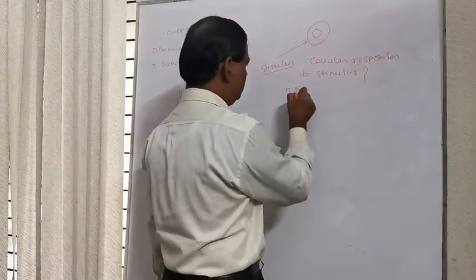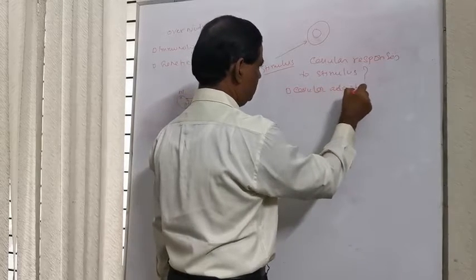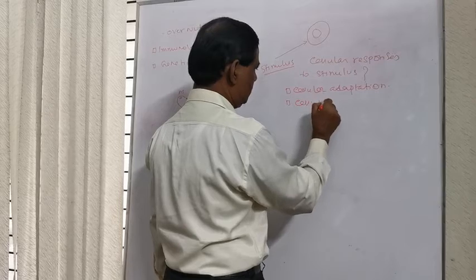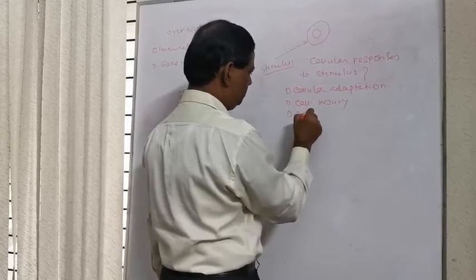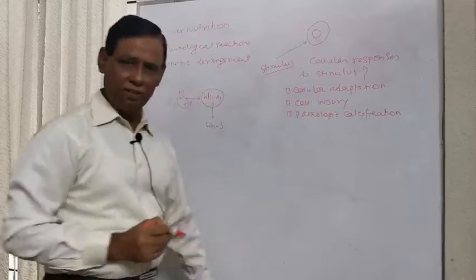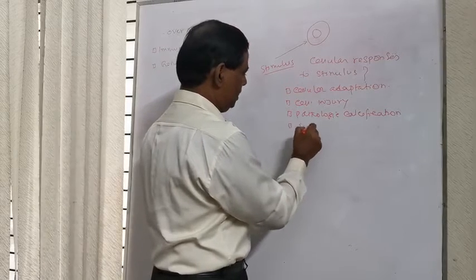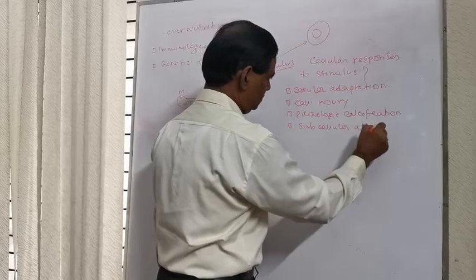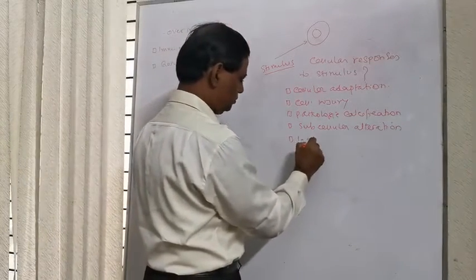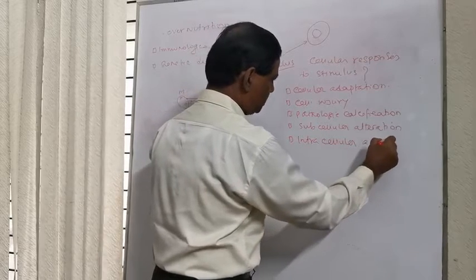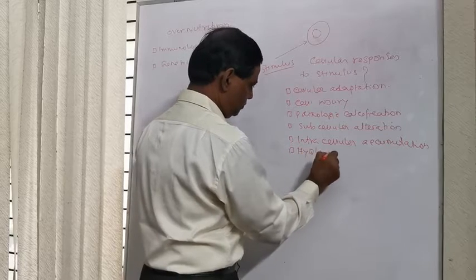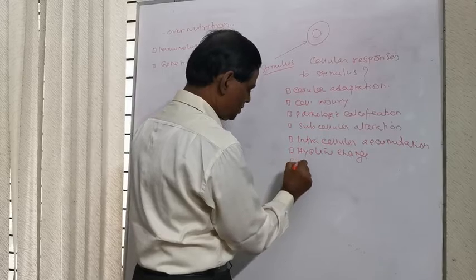Number 1, cellular adaptation, cell injury, pathologic calcification, subcellular alteration, intracellular accumulation, hyaline change, cellular aging.